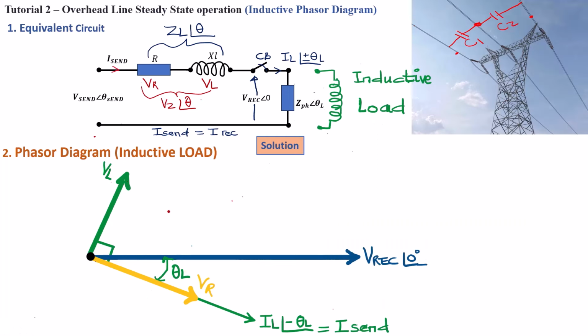Great. Now that we know the phasor of VL and we've also plotted the phasor of VR, we can easily make an algebraic sum of these two phasors to make a projection of our VZ.